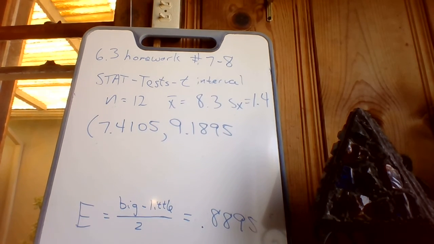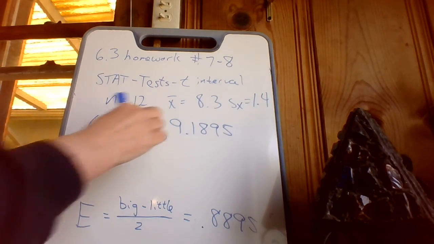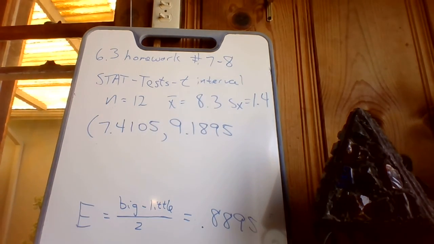Now, when you go to look at question number 8, it takes you through it a lot slower because it doesn't tell you what X bar is and it doesn't tell you what SX is. It actually gives you a list, and then 8A says do one variable stats to get the mean, and B, do the one variable stats and get the SX. Okay, and then C is to go ahead and do these 2 steps.